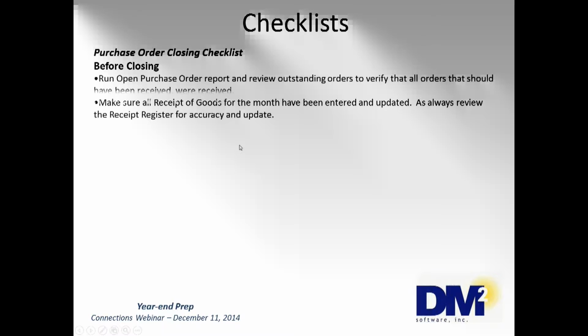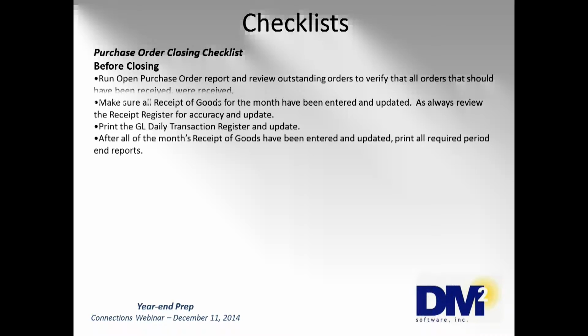If you find some orders that should have been received, make sure that the receipt of goods has been done. When you are doing a receipt of goods, make sure you're looking at the receipt register to make sure it's correct. And then of course, print the daily transaction register and update.